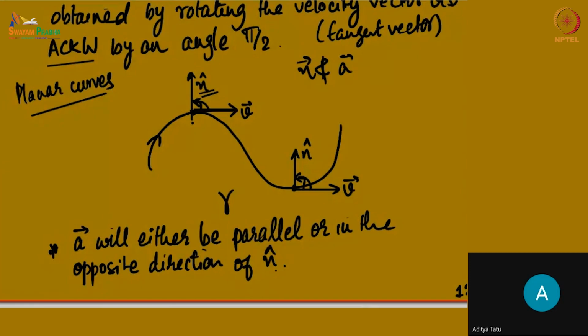Either in the same direction or in exactly the opposite direction. The next question is, is the acceleration vector a unit vector? So is A either equal to n cap or equal to minus n cap? Is that true?